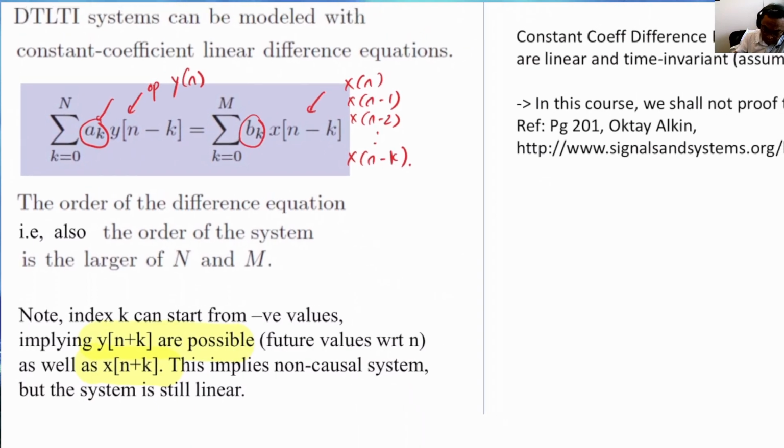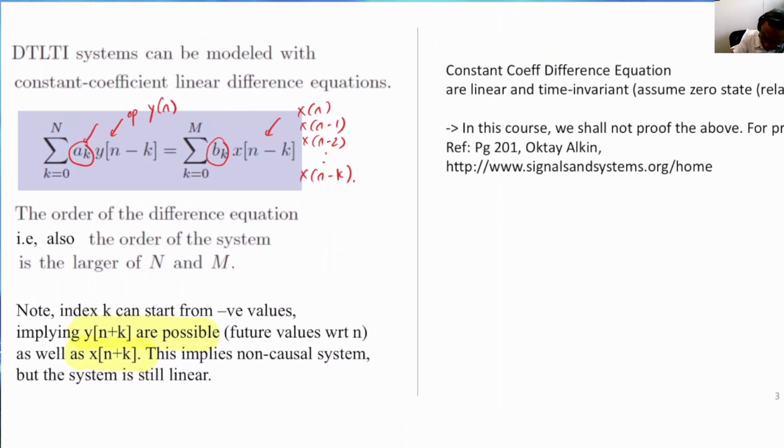Let us write this equation down: a0 y[n-0] plus a1 y[n-1] plus a2 y[n-2].